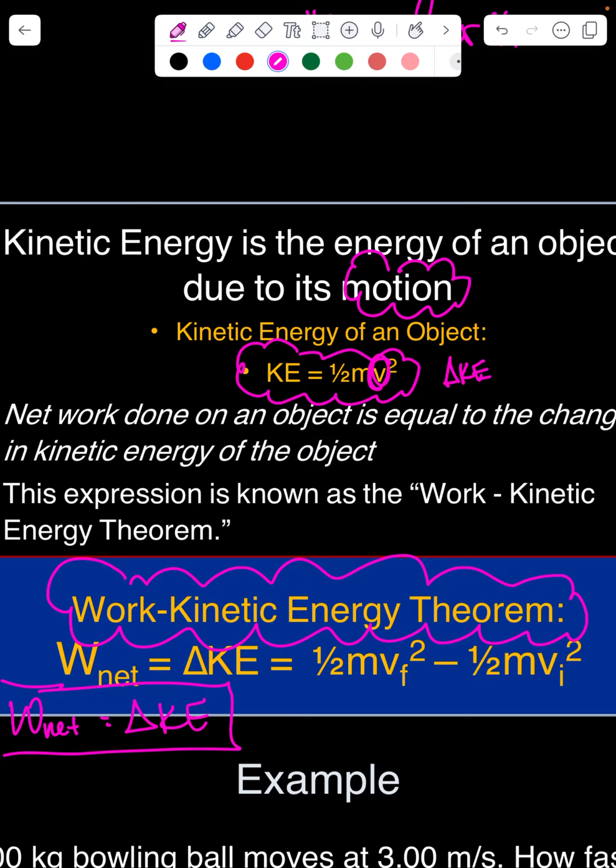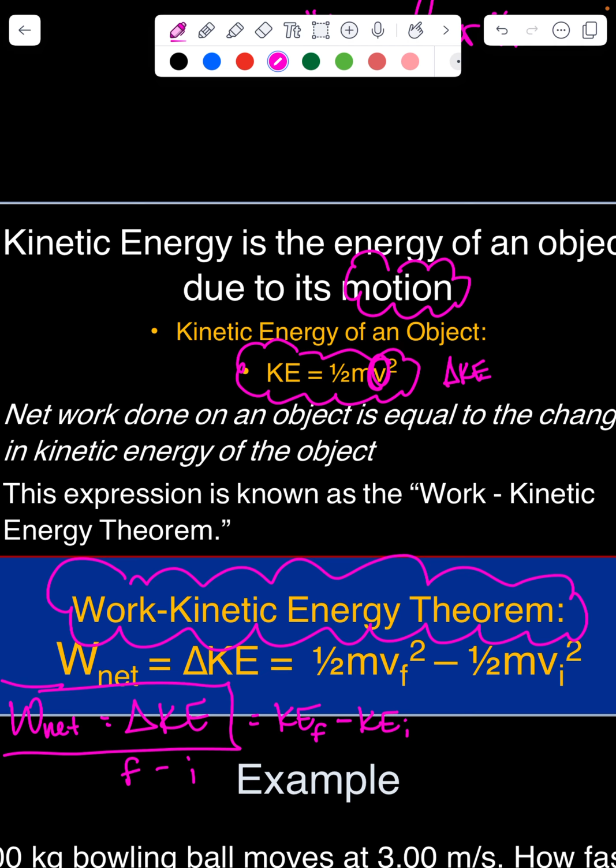We have to remember that delta anything can be broken down into final minus initial. So delta KE, our change in kinetic energy, can be broken down into our final kinetic energy minus our initial kinetic energy.